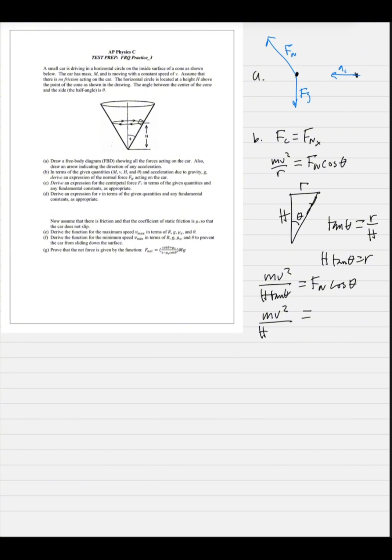Tan theta will be expanded to sine theta over cosine theta. Cosine theta would cancel out. And that's our Fn equation.